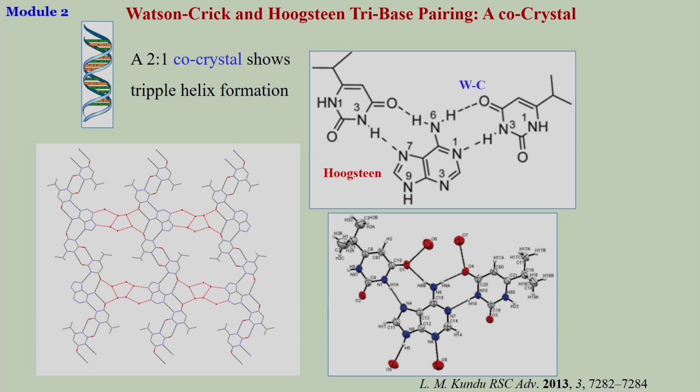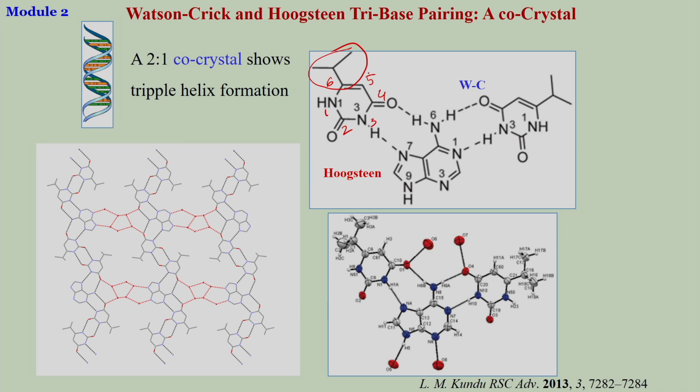This is just a small piece of information related to the Watson-Crick base pairing, where adenine pairs up with thymine. Here, what we have found from the crystal structures is that instead of thymine, you have this group, an isopropyl group. So this is 1, 2, 3, 4, 5, 6.